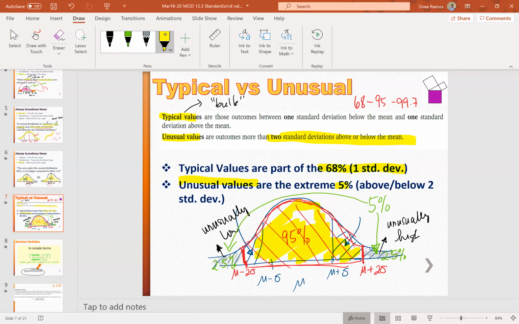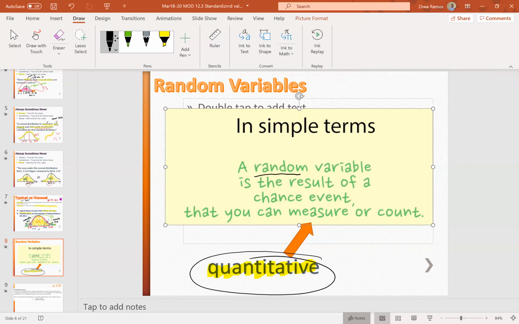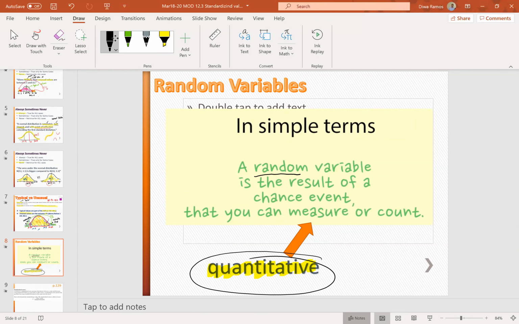Okay, so moving on, just a little bit of a review. Random variables are quantitative variables, and we actually want to include the word random there, because when we gather data, especially when we're doing research or projects or an experiment, they don't necessarily are predictable type of information.